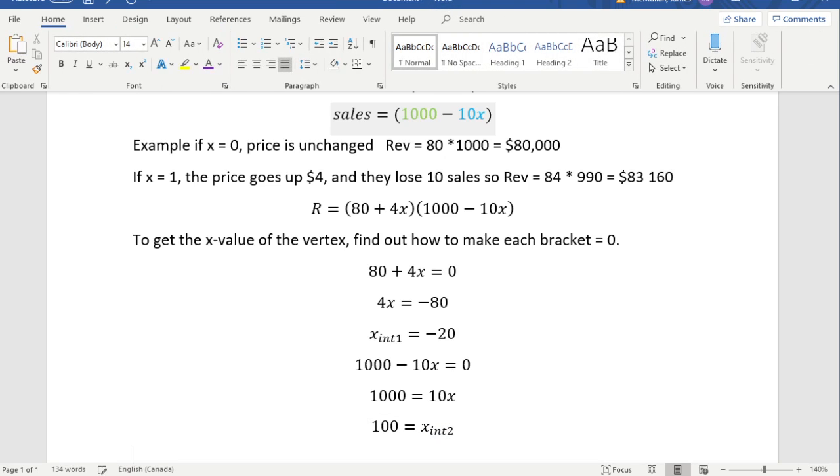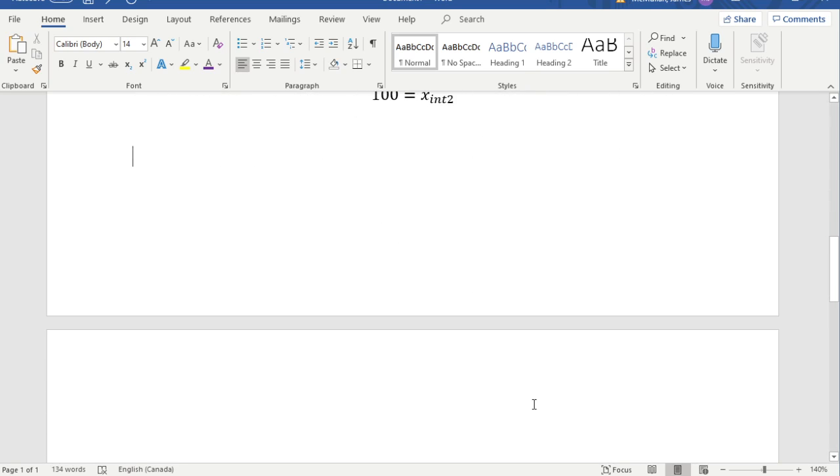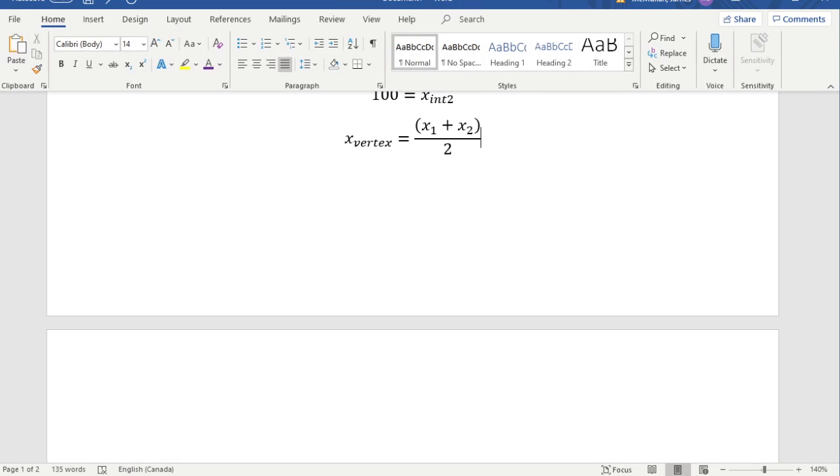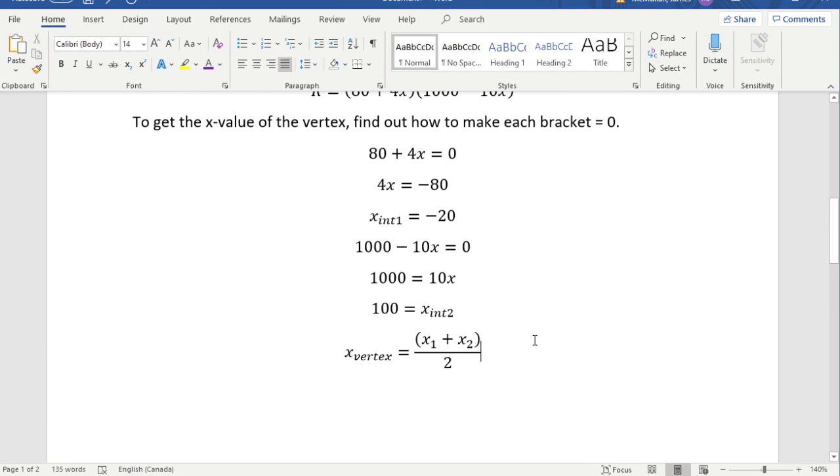Now, if you want to know a parabola's vertex, you have a formula for this. The x value of the vertex is equal to x1 plus x2, the two x-intercepts, divided by 2. So the point halfway in between them.